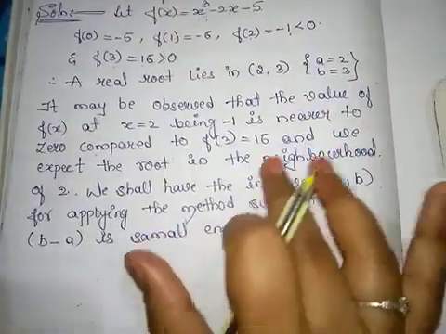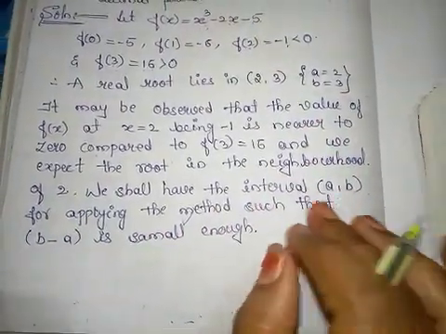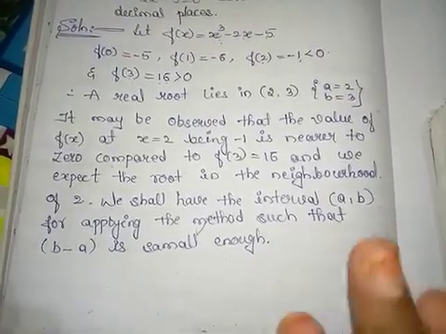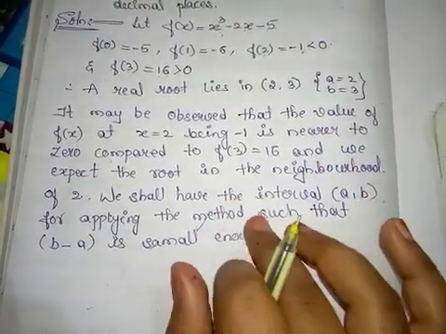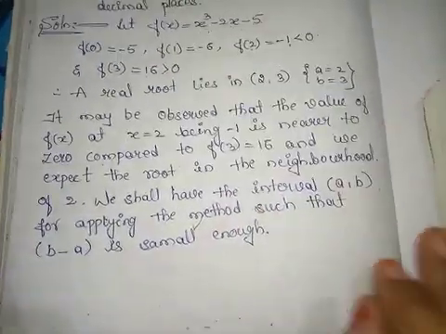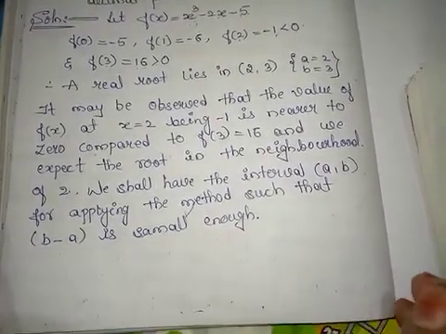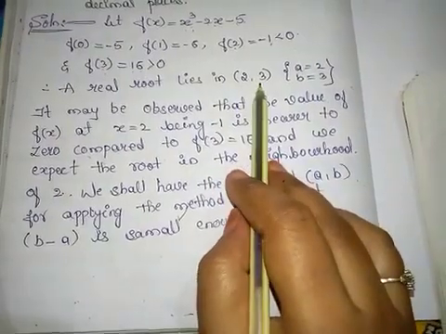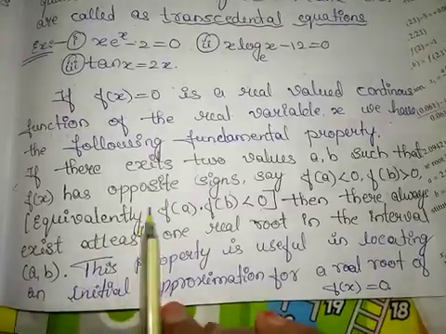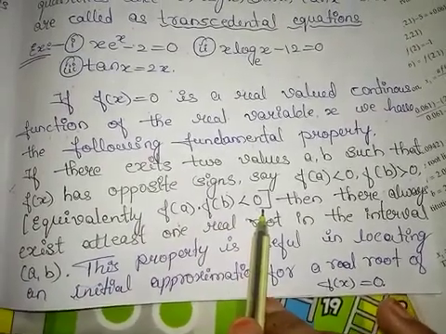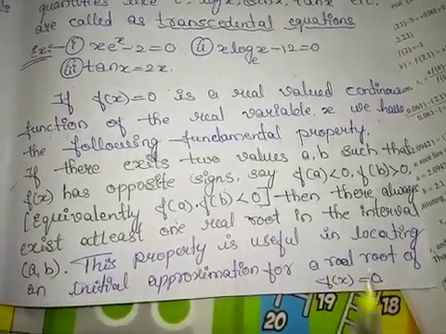Okay. This is not necessary to write, but since this is a first example, for your better understanding I have written everything. From the next example we go directly. From that property we know that we get an interval a comma b, and equivalently f of a into f of b is less than 0, with the difference small enough.